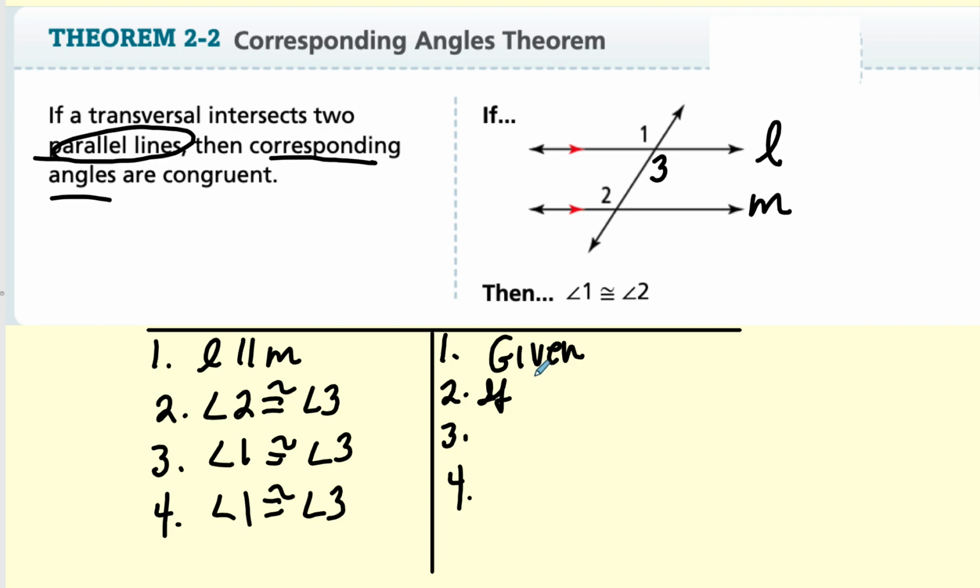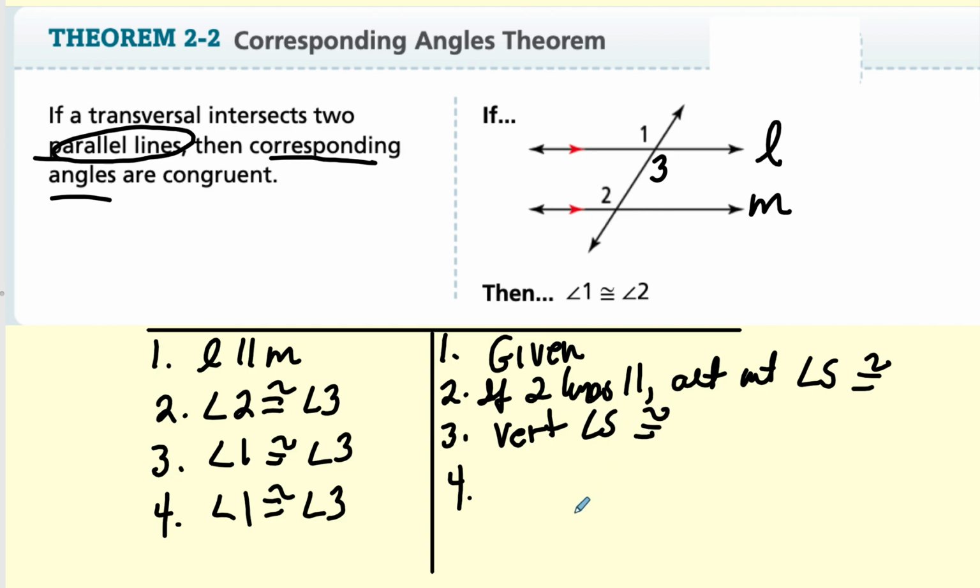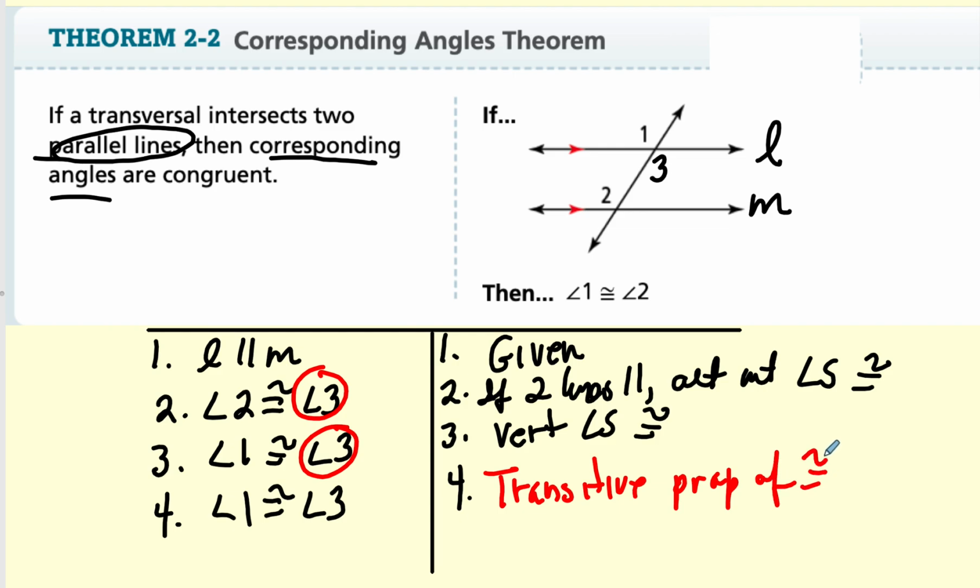And you can see angle 1 and angle 3 are congruent because vertical angles are congruent. And it looks like they are congruent to the same angle, and that's called the transitive property of congruence. And that's how we prove that one.